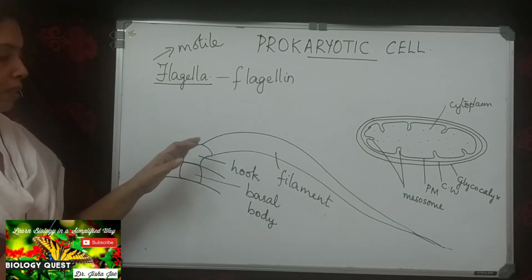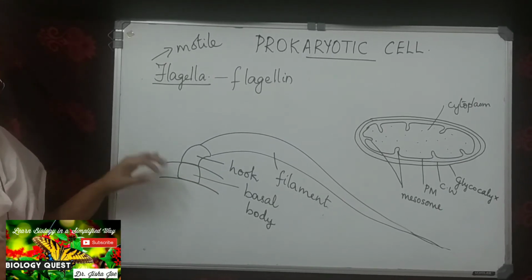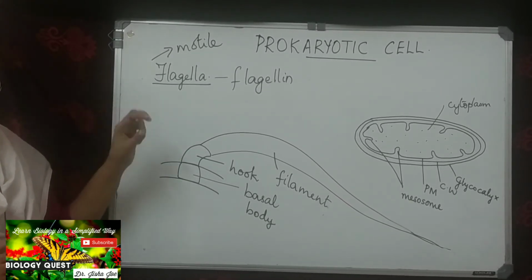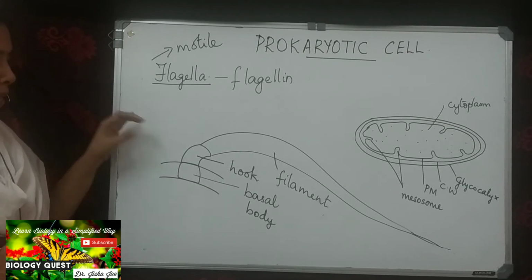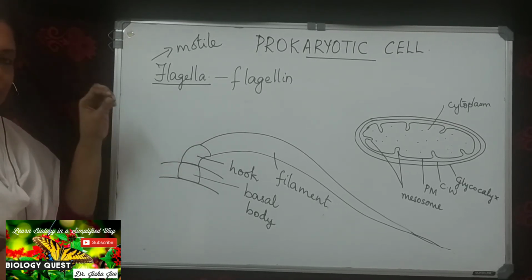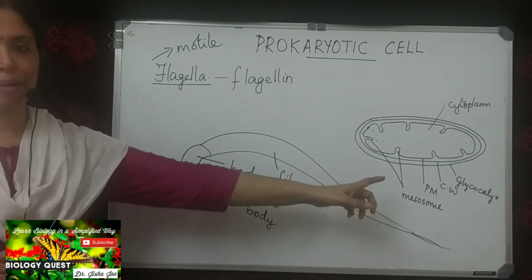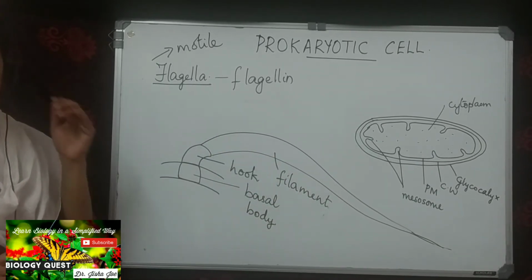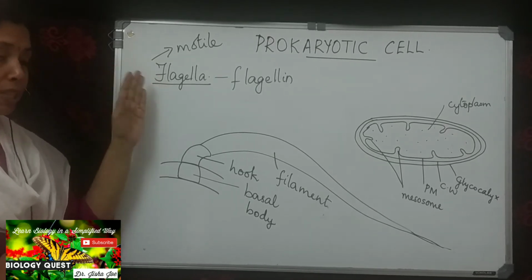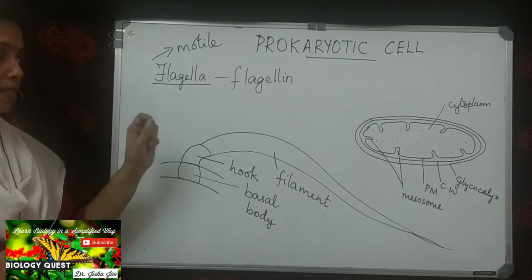The flagella has a basal body. This basal body is seen enclosed within the cell envelope. We know what the cell envelope is. Then the hook region is a slightly curved structure which is seen close to the cell surface, and then there is the long filament. So these are the three parts of the flagella. Flagella are seen in motile forms of bacteria. They are filamentous extensions from the cell wall.